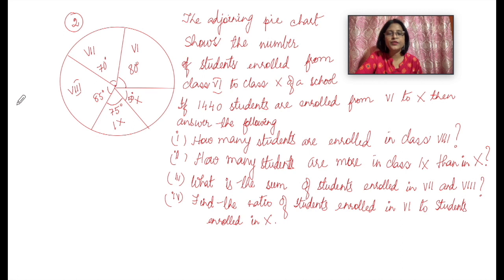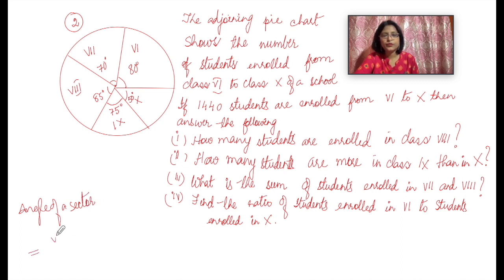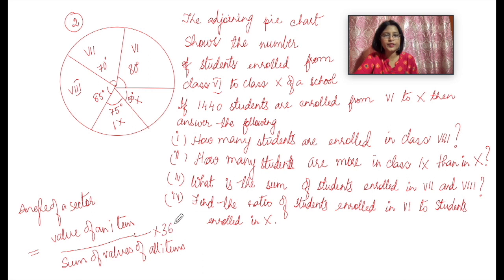Now for individual classes we have to find the number of students. So for that we will again use the formula: angle of a sector equals value of an item divided by sum of values of all items into 360 degree.